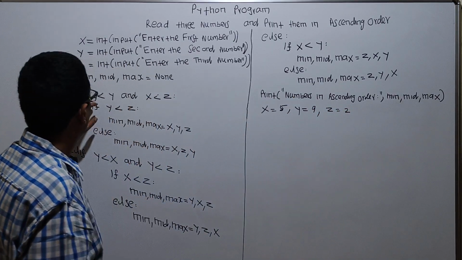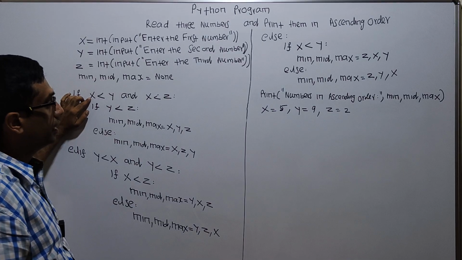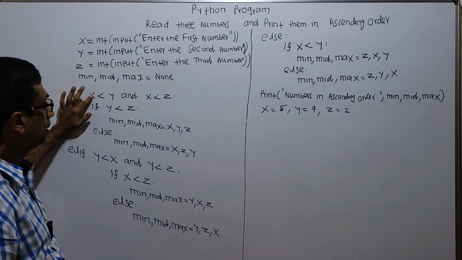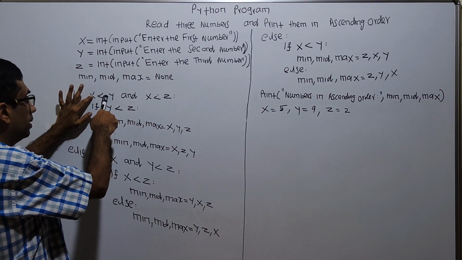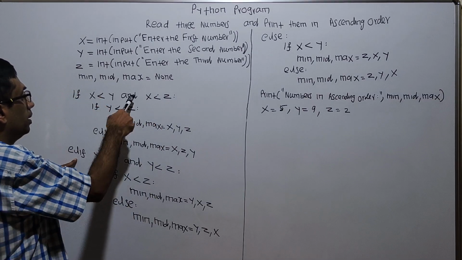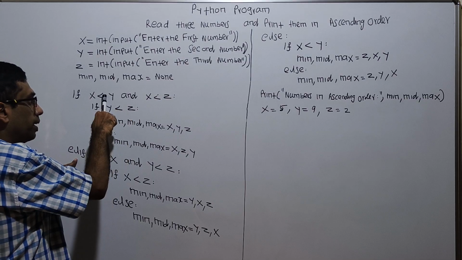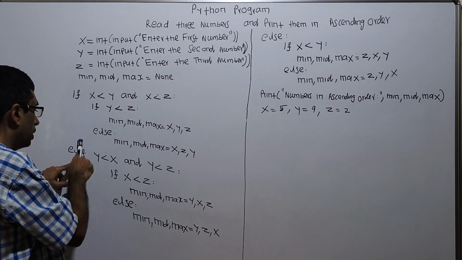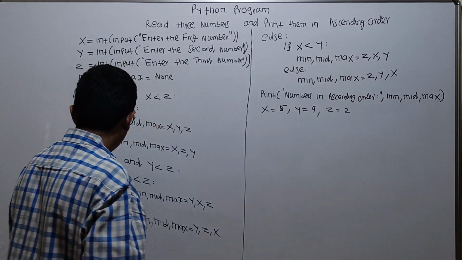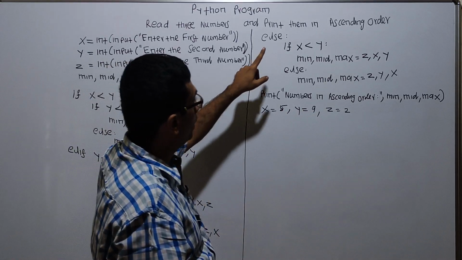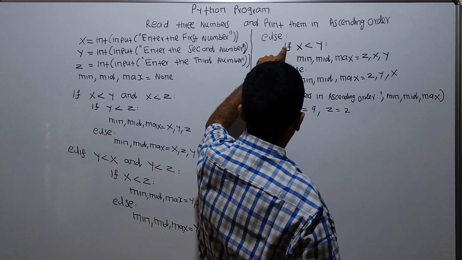If you compare here, first x is lesser than y. No, this is false. So x is lesser than z, this is true. If this is false, then only control will come to the next statement. If both the left side and right side expressions are true, the elif will check y is lesser than x. Y is 9, lesser than x? This is also false. The control will come here and will check x is lesser than y.